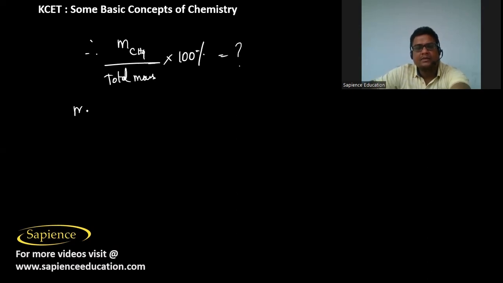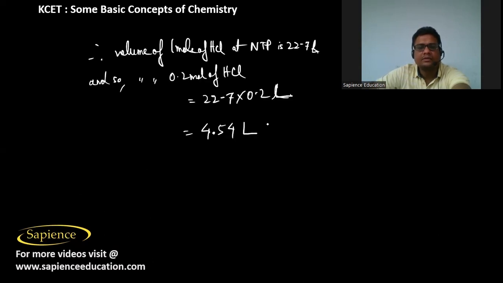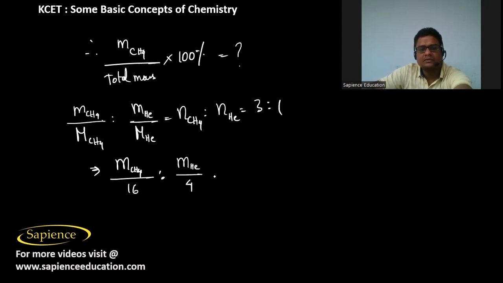It means here the mass of methane by the molar mass of CH4 is to the mass of helium by the molar mass of helium, which is equal to the number of moles of methane is to the number of moles of helium. That is equal to 3 is to 1. Now, therefore, the mass of CH4 divided by the molar mass of CH4, which is 12 plus 4, that is 16, is to the mass of helium divided by the molar mass of helium, that is 4.